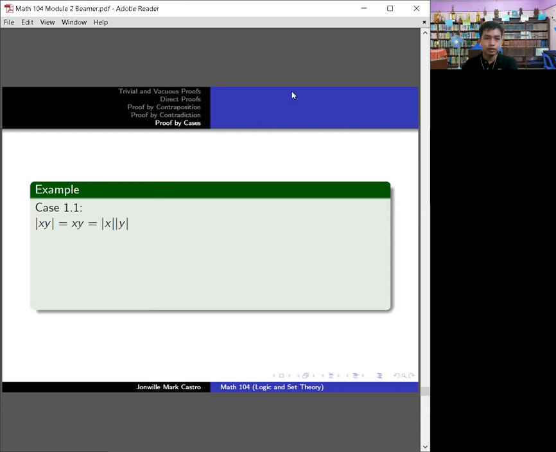By definition ng absolute value, recall na ang absolute value of x is equal to x if x is positive or 0, and negative x if x is negative. Okay? So, definition ng absolute value. So, yung case 1, ganyan lang siya.